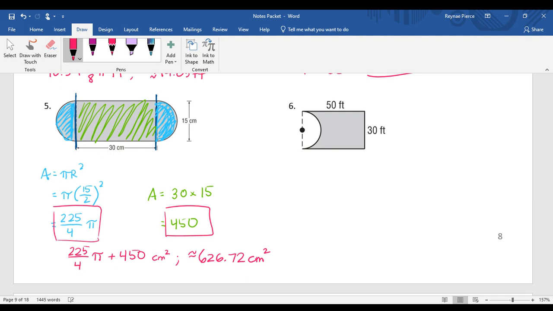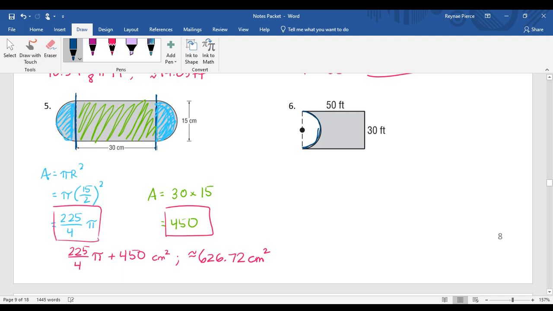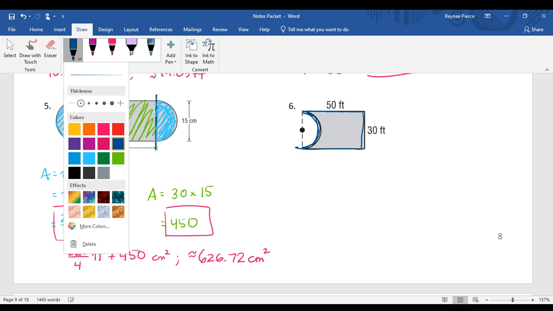Okay, number 6 is a little bit different, okay, because we don't have things stuck together, we actually have a cutout. Okay, so I do see a rectangle, but then I've taken out a semicircle. Okay, so I'm going to start with the rectangle as a whole.